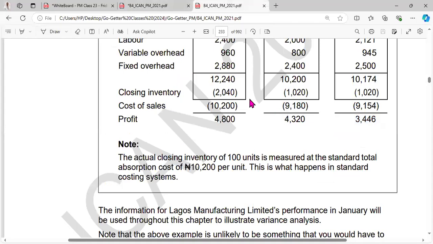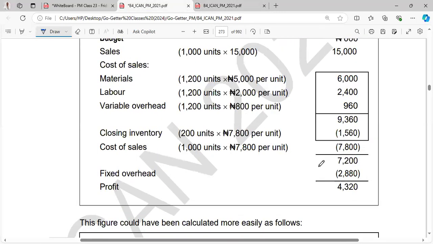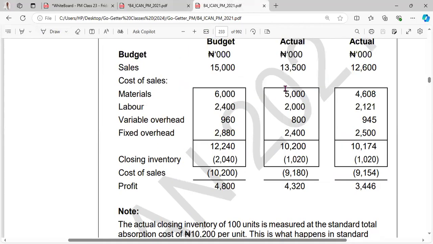But you see here, everything was done in such a way that, look at it now. Your fixed cost here was 2,880. Here, the fixed cost was 2,880. Everything was the same except your closing stock, which was 10.2 here.